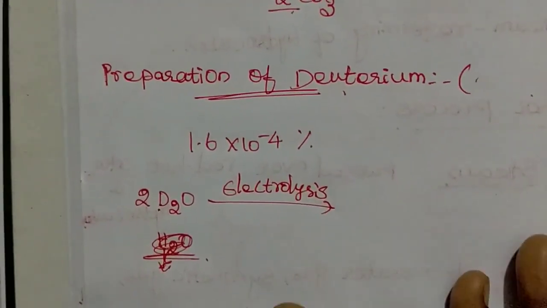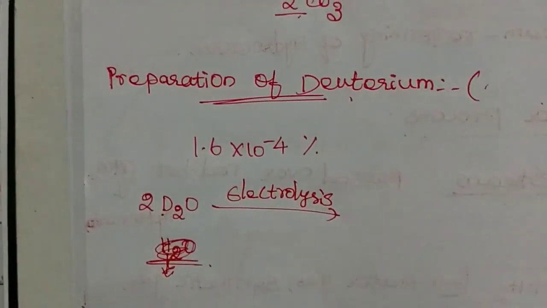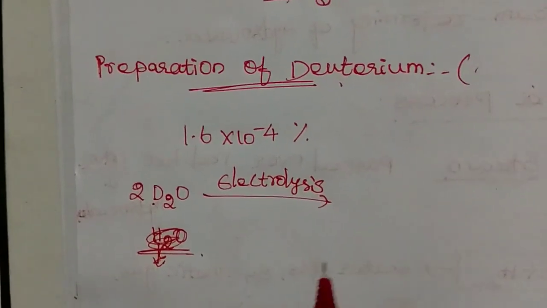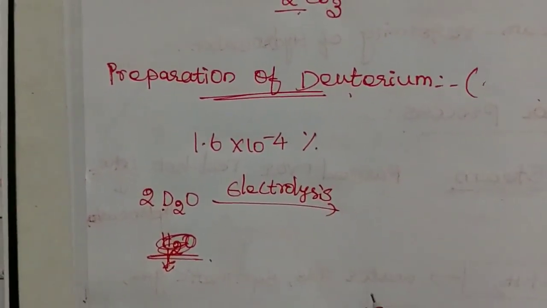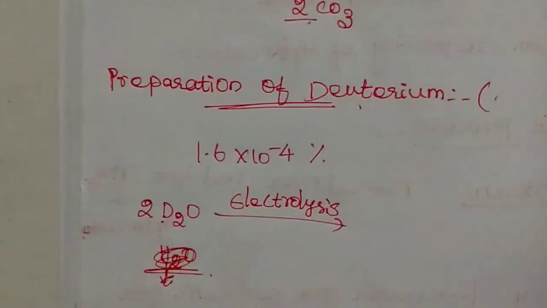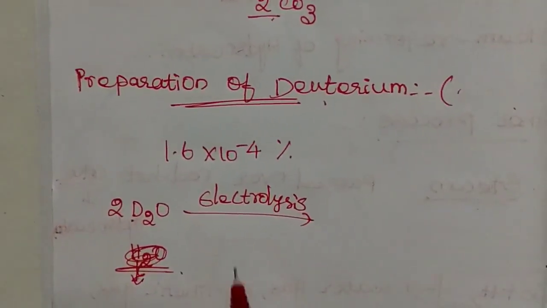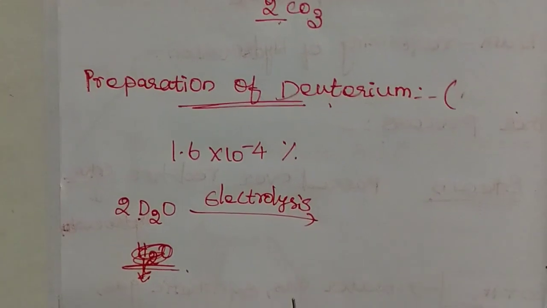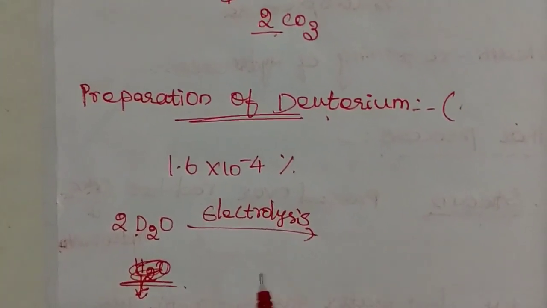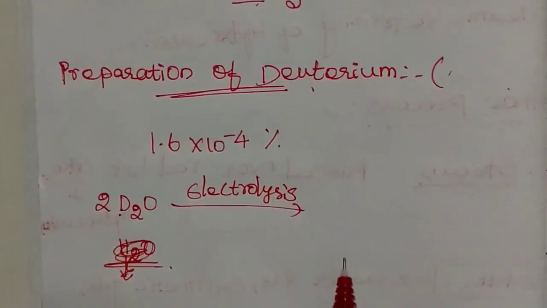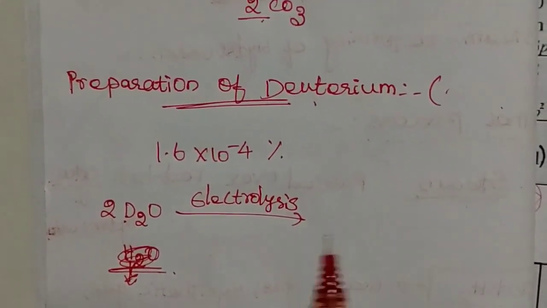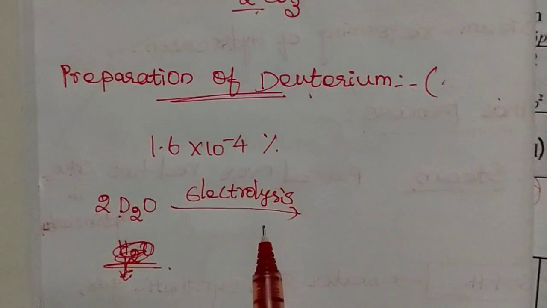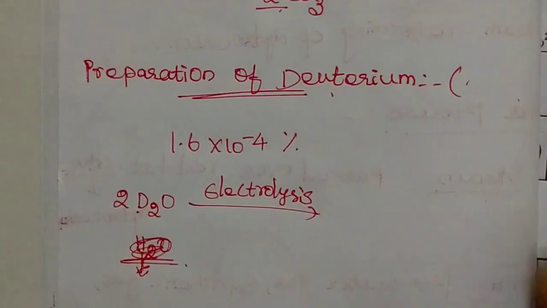Take an amount of water with an alkali or acid as electrolyte, keeping anode and cathode, passing the electric current through this electrolyte. You will easily get the ion exchange and transfer of electrons, acceptance of electrons. It produces liberation of hydrogen and also the liberation of deuterium at last.